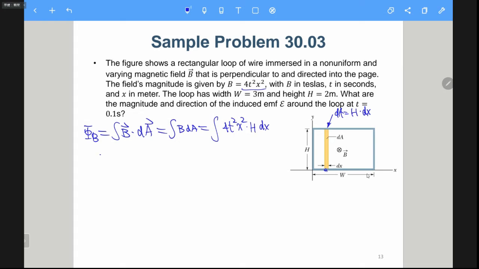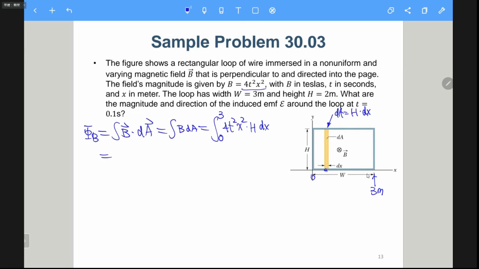We should have the lower and upper bounds. This is 0, and the width is 3 meters, so here we should integrate from 0 to 3.